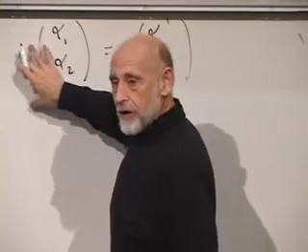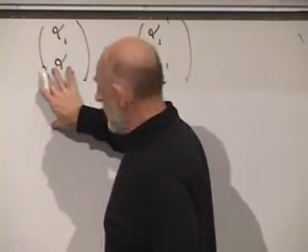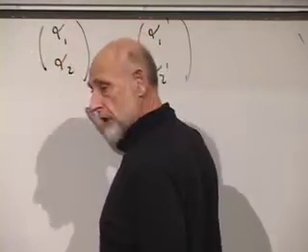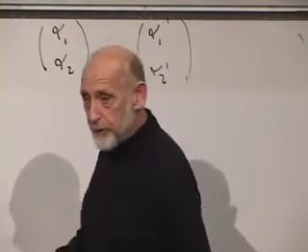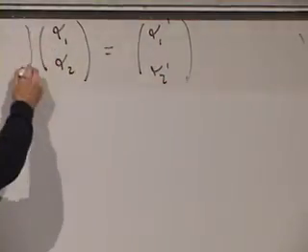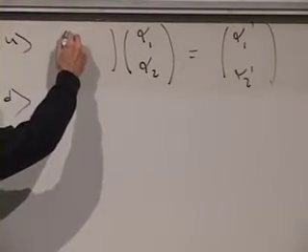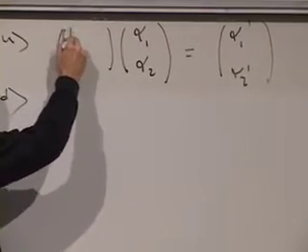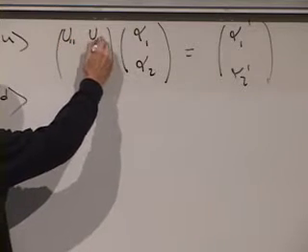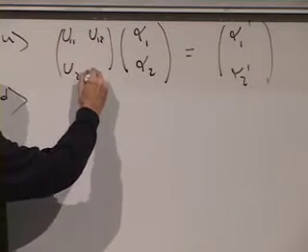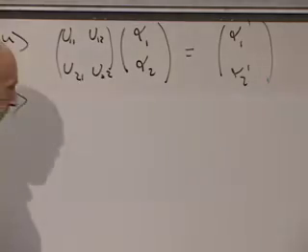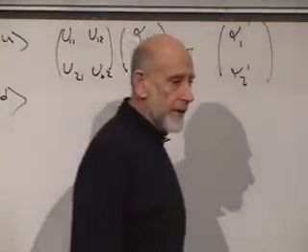What do we operate on? States. To get new states, we operate with operators or with matrices again. Matrices in the matrix representation. So this is going to be some element, let's call it U, U11, U12, U21, U22. Okay.